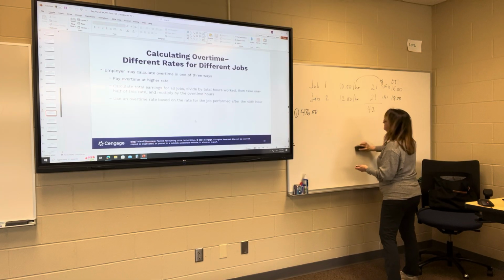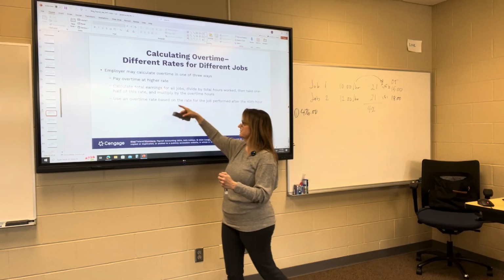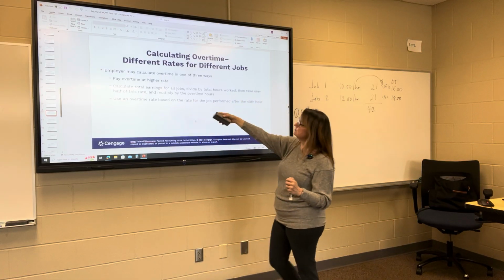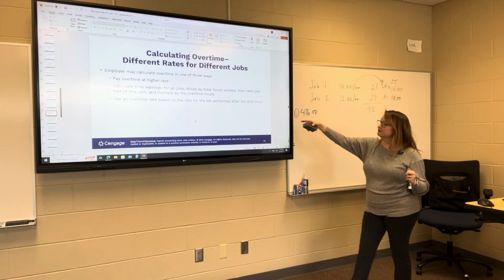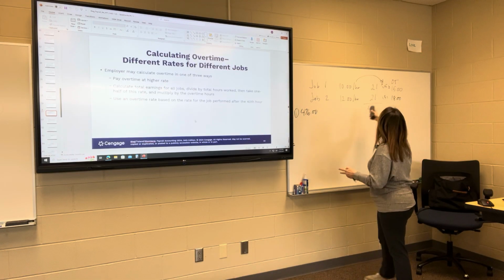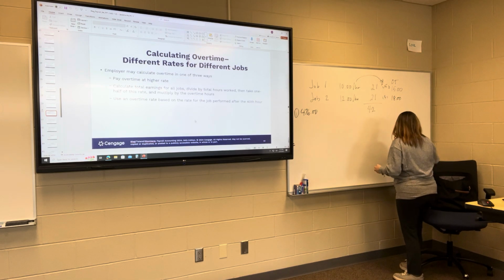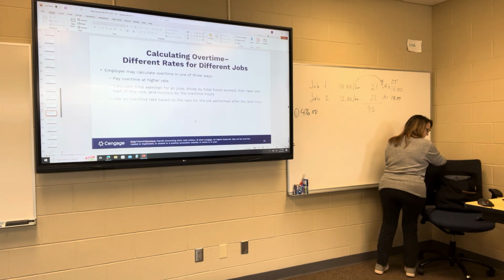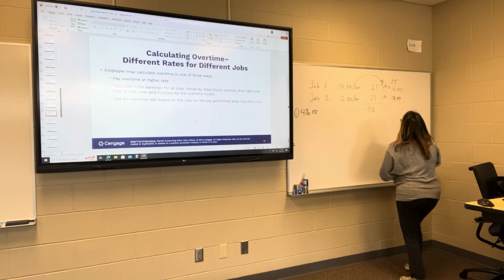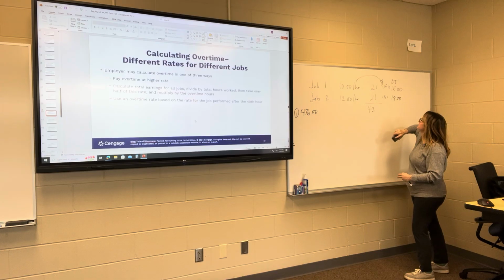I'm actually going to skip to option 3 here first because option 2 is the more complicated way. The third is we can use the overtime rate based on the rate for the job performed after the 40th hour. We happen to know that they worked 1 hour of overtime in each of these jobs.